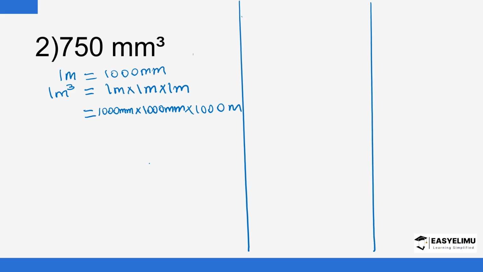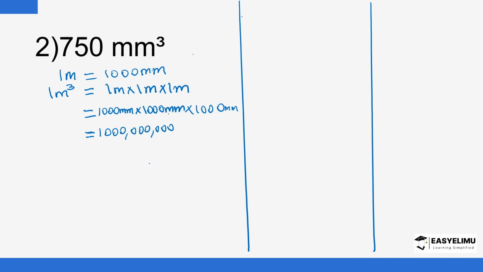So now I have 1,000 times 1,000 times 1,000, which is 1 billion: 1, 2, 3, 1, 2, 3, 1, 2, 3.